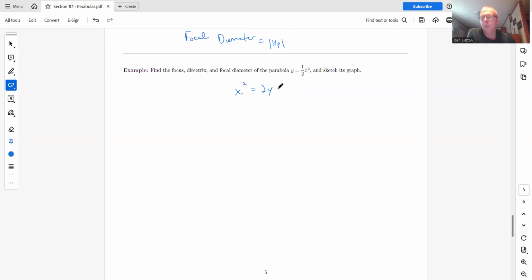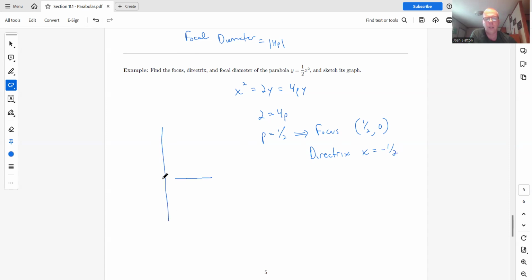And we know this is equal to 4py just based on our formula for the parabola. So this tells us that 2 equals 4p, which means that p equals 1/2. So our focus is (0, 1/2). The directrix is y equals negative 1/2.